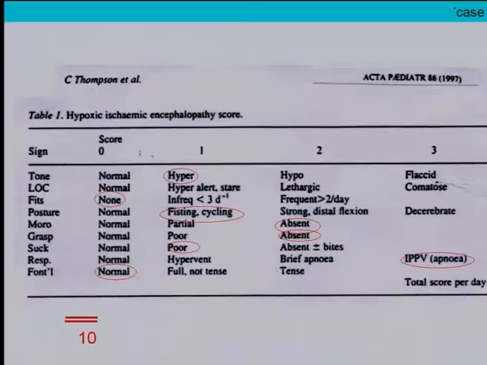The grasp reflex was absent. The suck was poor. And the baby needed ventilation because of apnea. And the fontanelle was normal. That gives us a score of 10. And so it's clear this baby has a high risk of an abnormal outcome at 1 year and later, and therefore is qualified for treatment.